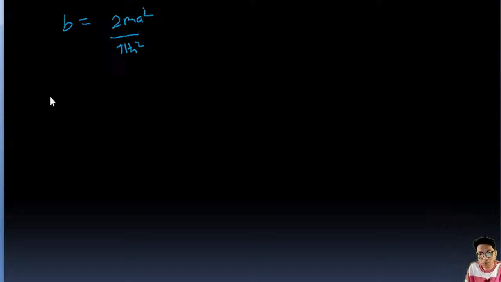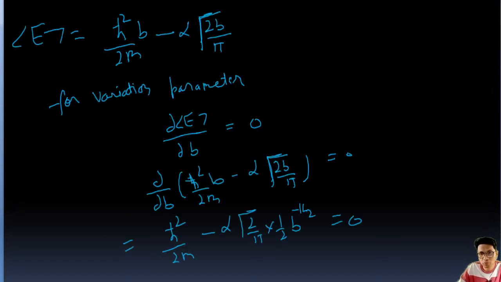Now we have to find E minimum, the minimum energy. We'll put the value of b in equation 1. Suppose this equation is 1, guys. We'll put the value here.